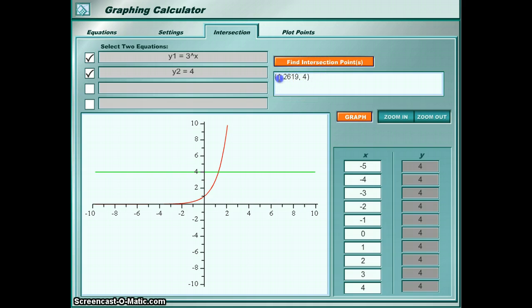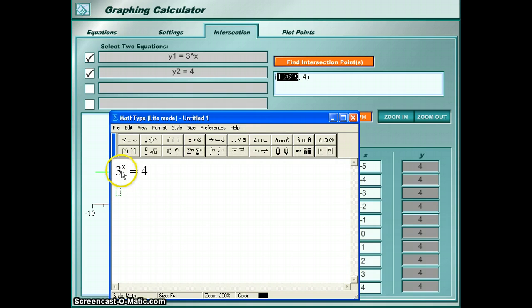And you can see that the x coordinate of the point of intersection is 1.2619. So that means these two lines meet at the x coordinate 1.2619, which means that 3 to the 1.2619 will give you 4.